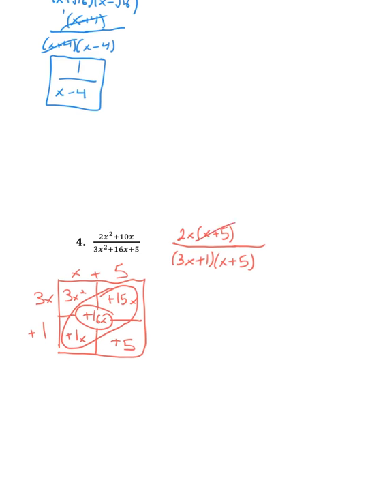If I notice there's an x plus 5 in the numerator, and I try that one first, hopefully I get an x plus 5 in the denominator. If I try the x plus 5 and it doesn't work, then this thing's not factorable. And what I end up with is 2x over 3x plus 1. All right. And that covers problem 4 there.